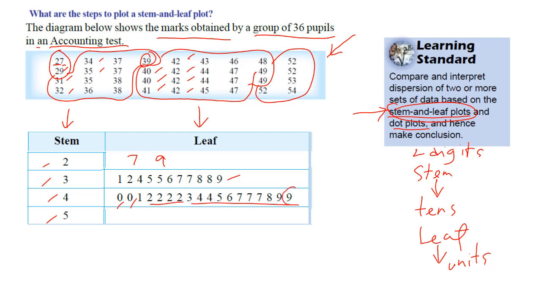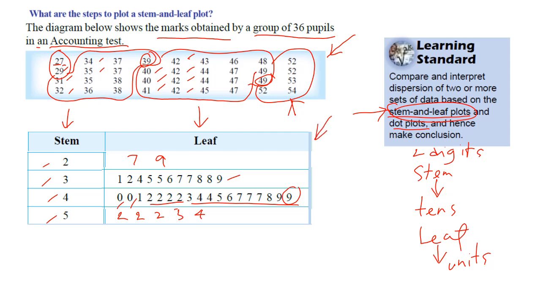Your last number is 49. And for the 50s, you focus here. You start with 2, and then you have three 2s, 53, and then you have 54. So this is your stem and leaf plot.